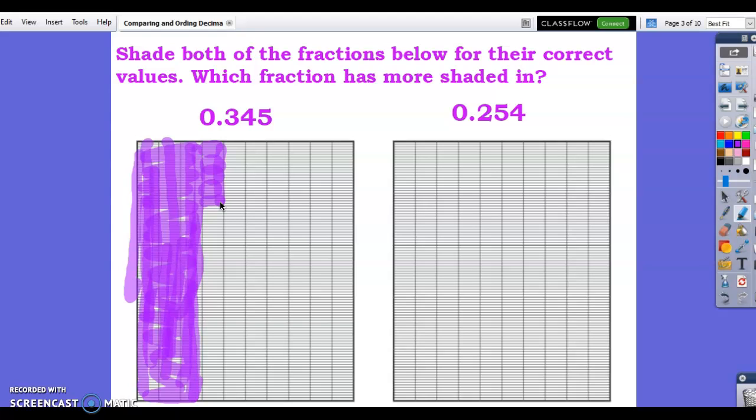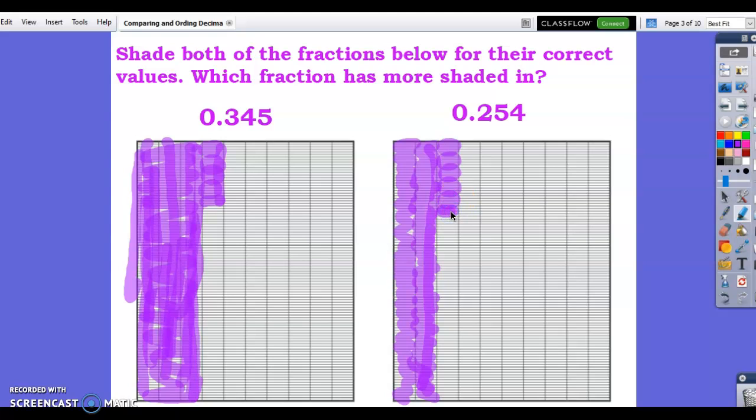It says 254 thousandths. So I'm going to shade in 1, I'm going to shade in 2, and then I'm going to shade in my 50. So 1, 2, 3, 4, 5, and then my 4.